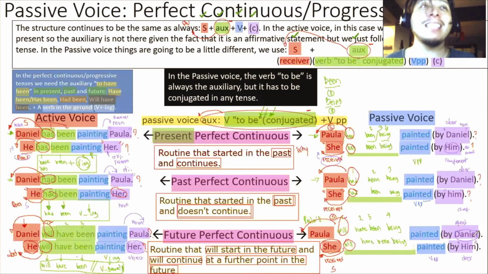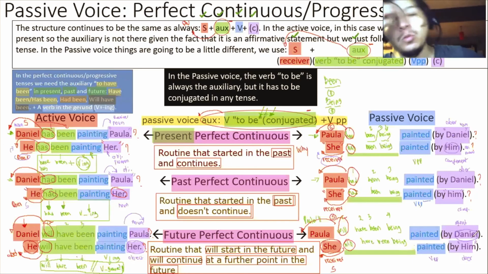Y lo que hace al idioma, por si no me lo creyeron al principio, lo he repetido 10 veces y lo voy a repetir otras 10, lo que hace al idioma no son las palabras, es la estructura. Una vez que entendemos la estructura, solo es cuestión de hacernos de vocabulario. Hay una cosa que es muy común cuando estamos aprendiendo un idioma, y se los dije en los primeros capítulos, pero a lo mejor ahorita tiene un poco más de sentido, un poco más de impacto.